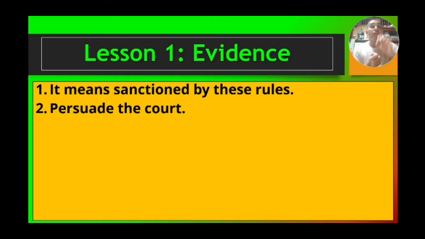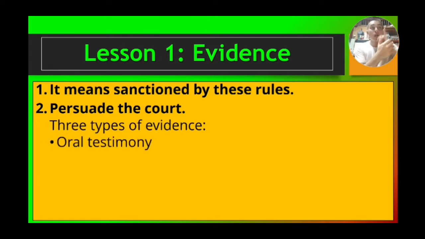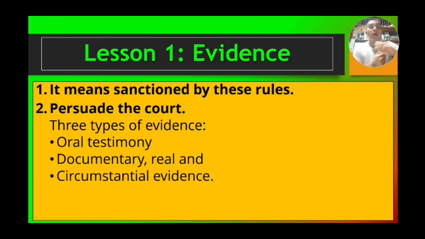And there are three types of evidence, namely oral testimony, documentary, and circumstantial evidence. When we hear the word oral testimony, this refers to a person, or us human beings, because we can serve as great evidence because we can testify to what we see at the crime scene.